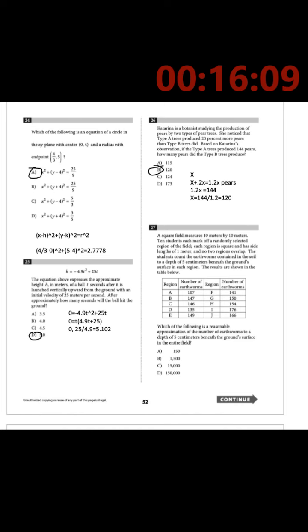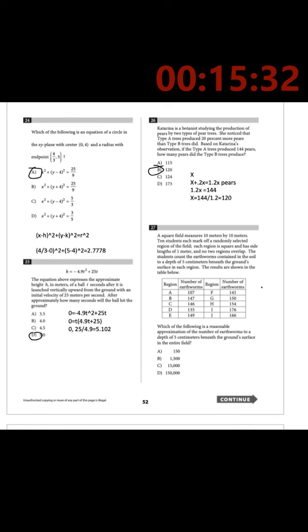Okay, so we know the area of the field is 100 square meters. So on average, the earthworm count to a depth of 5 centimeters for each of the regions investigated by the students should be 1 over 100 of the total number of earthworms to a depth of 5 centimeters in the entire field.